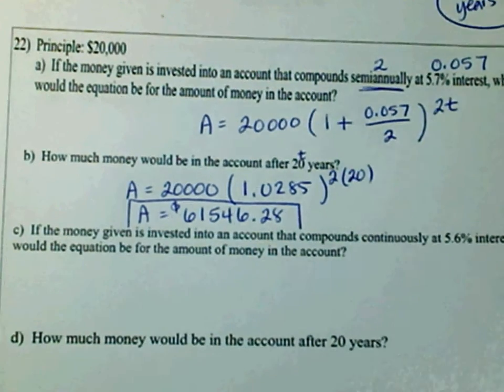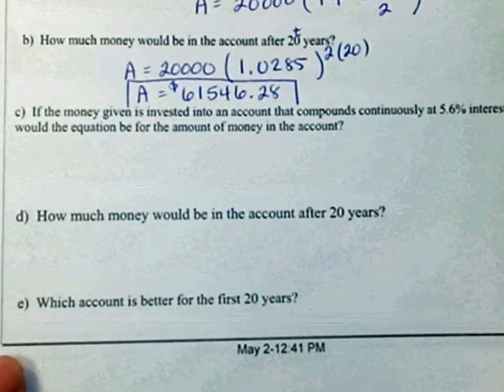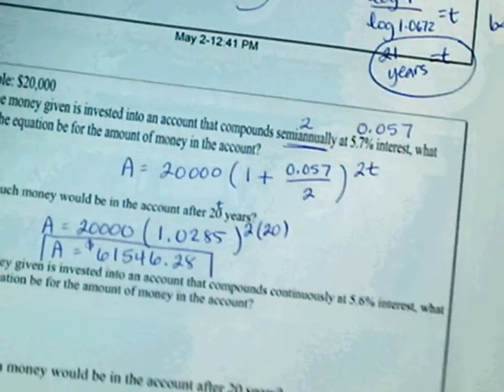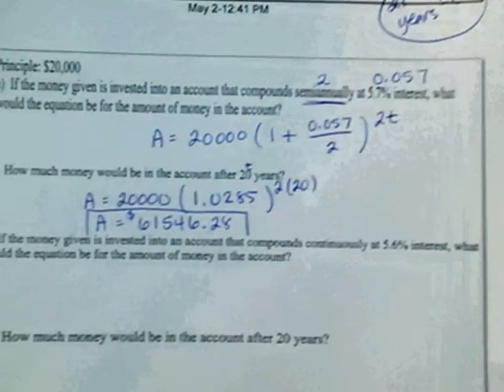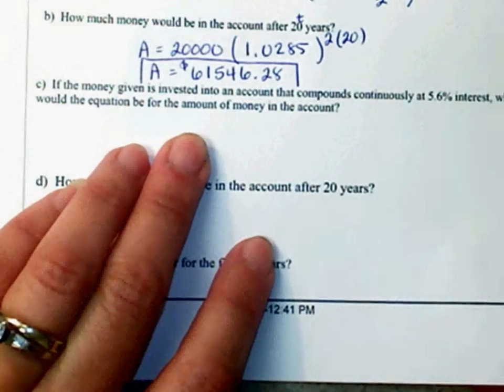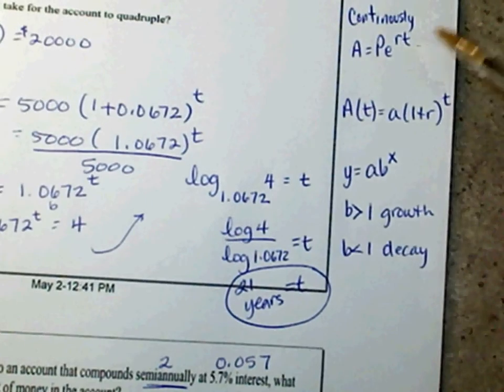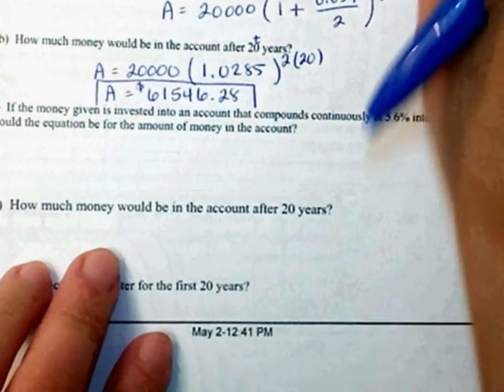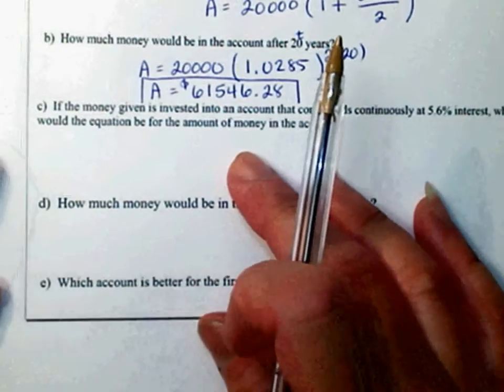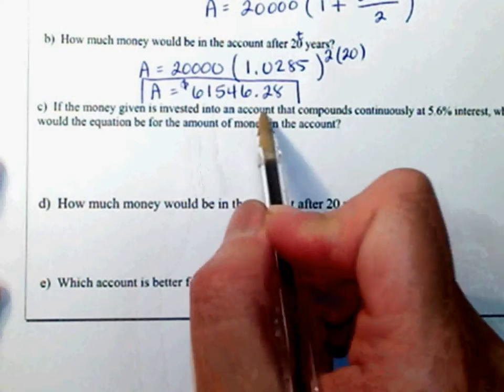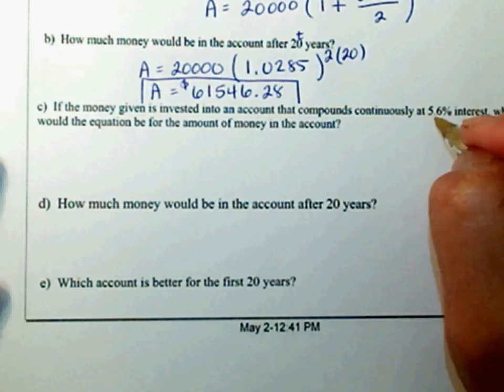Part C says, how much money is given into an account that compounds continuously? Well, if it's continuous, you're going to use this formula right here instead. Okay? So here's that formula. How much money is given in that account at 5.6% interest, which is 0.056?